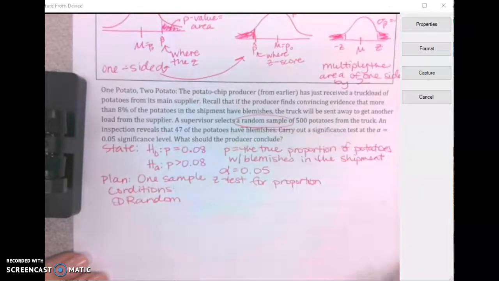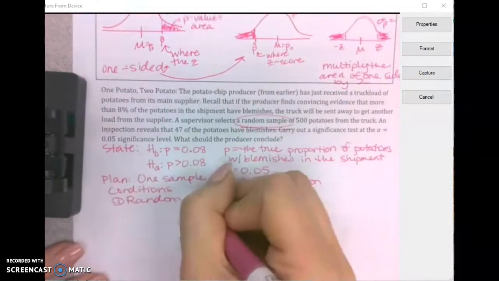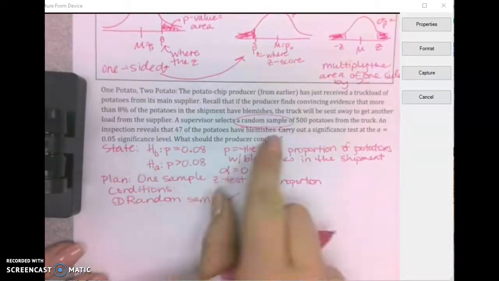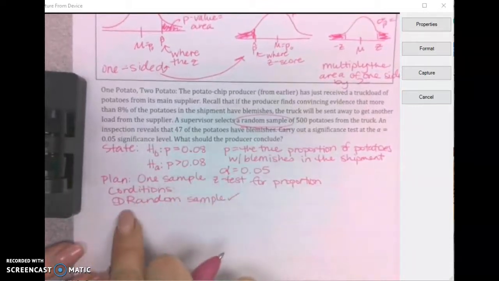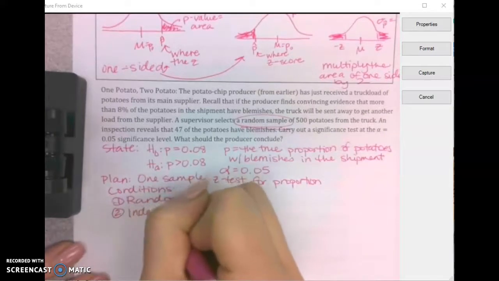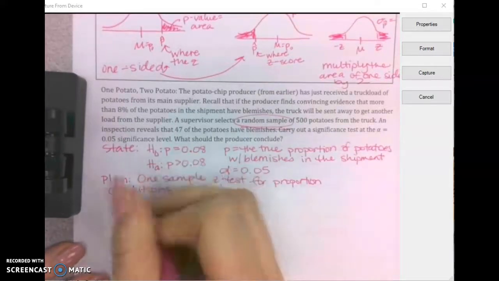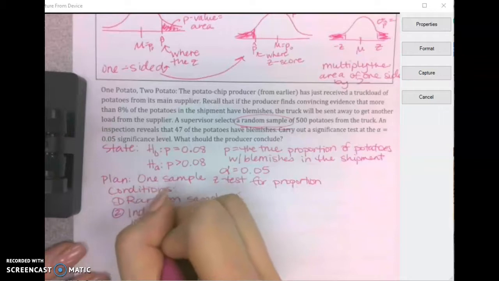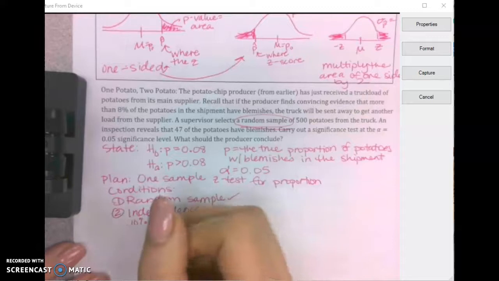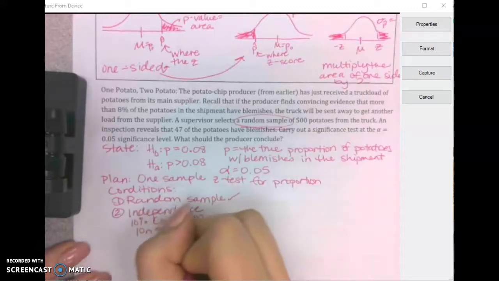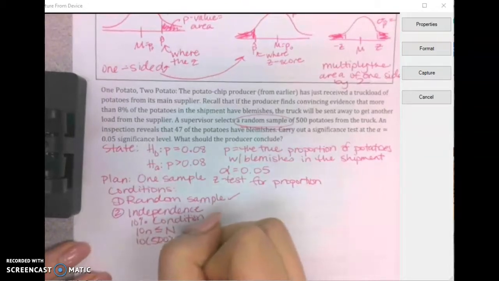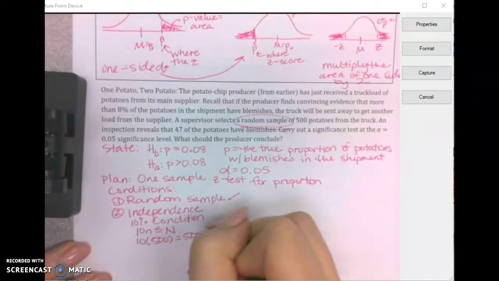And it says it's a random sample, so even though we don't have a sentence we have to write out, we do need to state that we know that it's random. The second one is independence. That's our 10% condition. So we have 10 times n has to be less than or equal to our capital N. 10 times 500 is equal to 5,000.